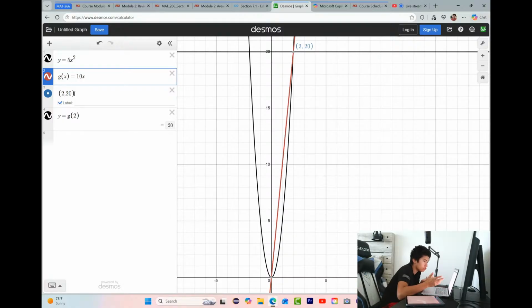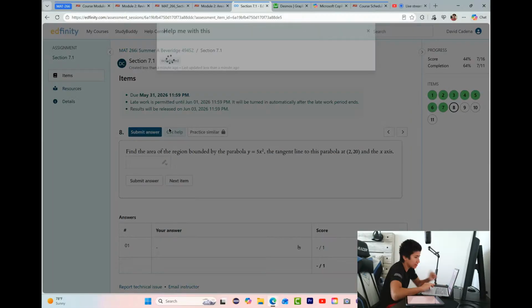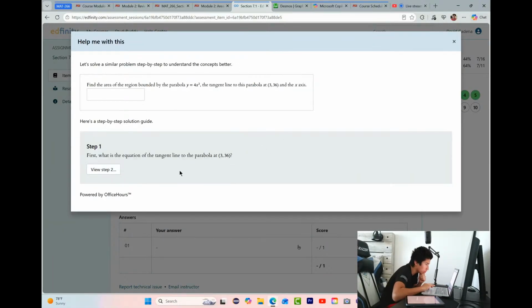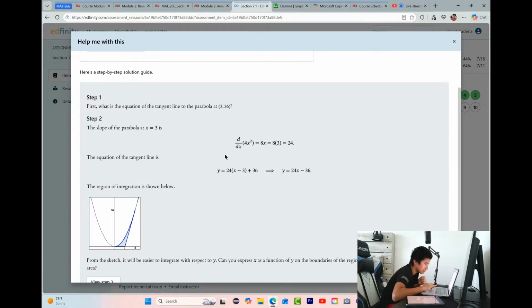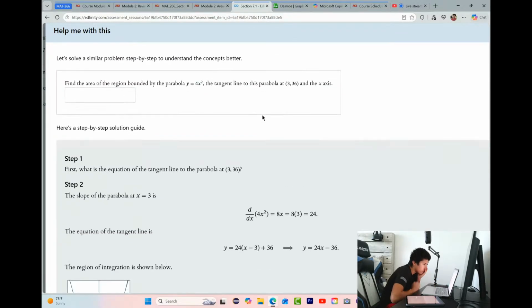That's not the tangent line at 2, 20. No. Dude, I feel like I'm lowering in intelligence every single question. Yeah, I forgot. I don't know what it is. Tangent line.